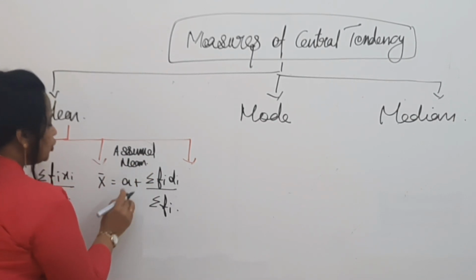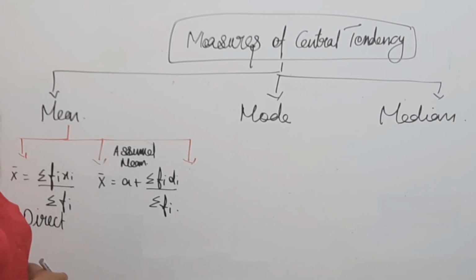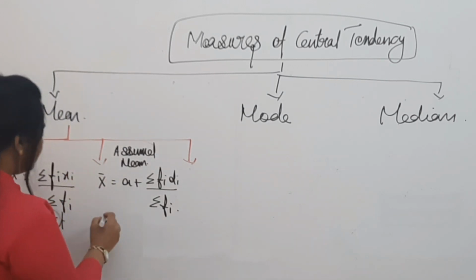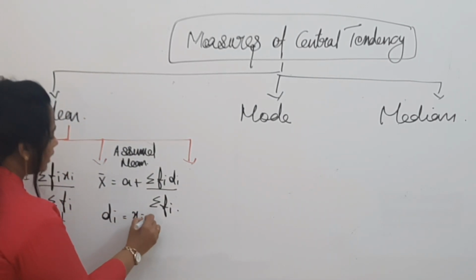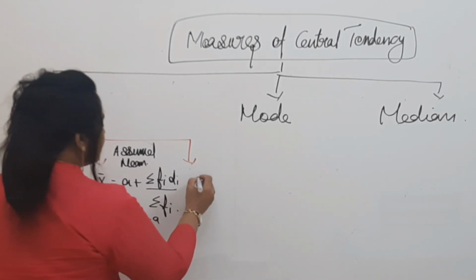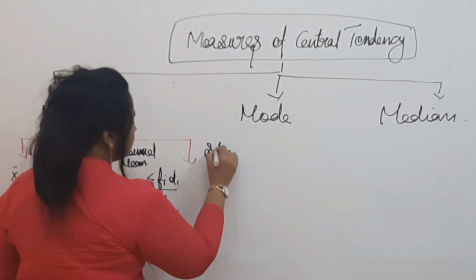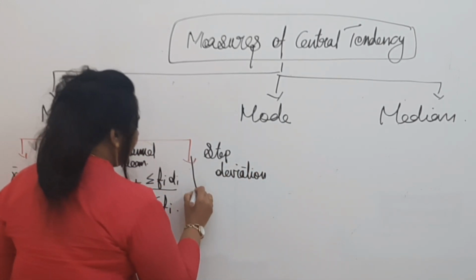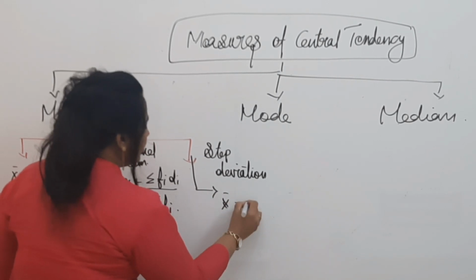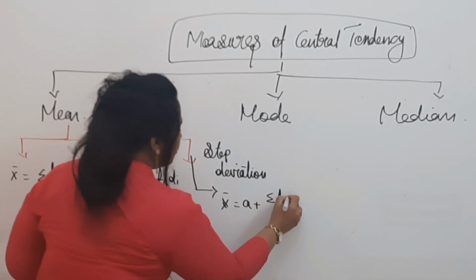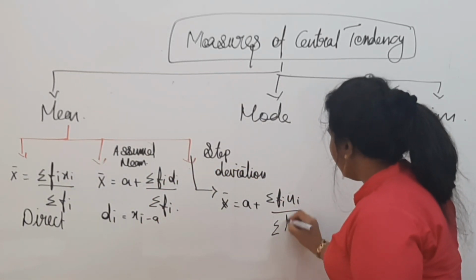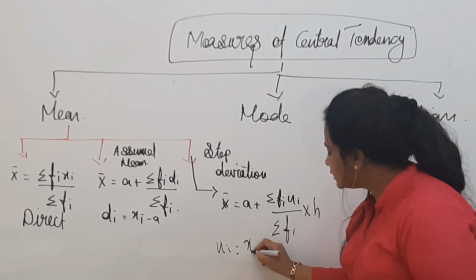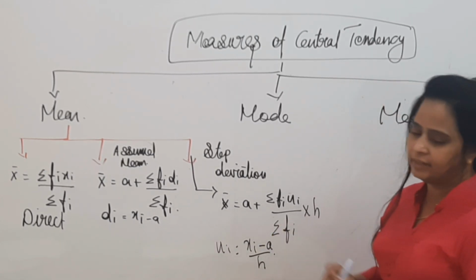That means we assume the mean A, and then we derive the mean for the given data, where di is equal to xi minus A. The third method is the step deviation method, where x bar is equal to a plus sigma fi ui divided by sigma fi, into h, where ui is equal to xi minus a divided by h.